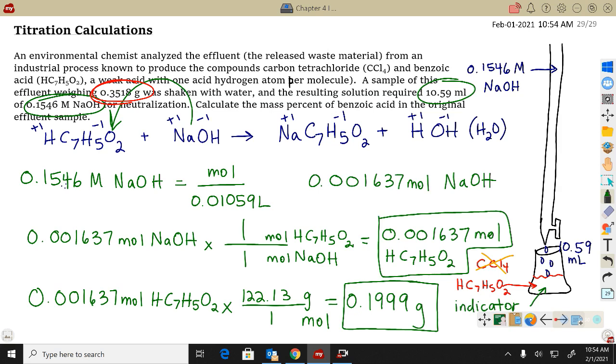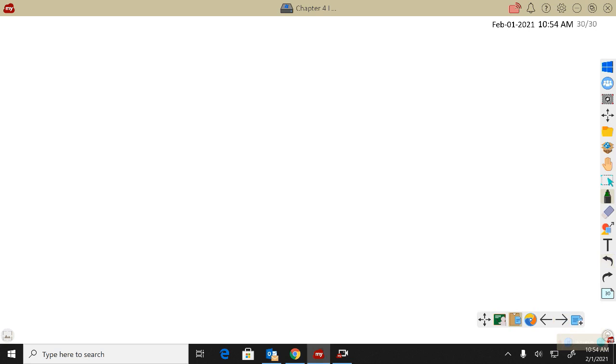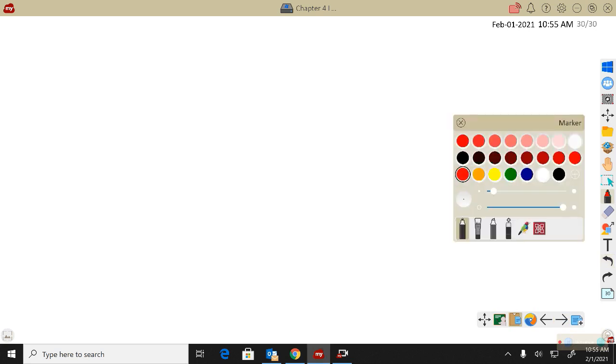And so now we can do the percent part. Oh, okay. So I know it was about 0.2 grams of benzoic acid in the sample. The sample was 0.3518 grams. So if I get this guy out of the way, I just grab a blank sheet, now I can do the percentage.